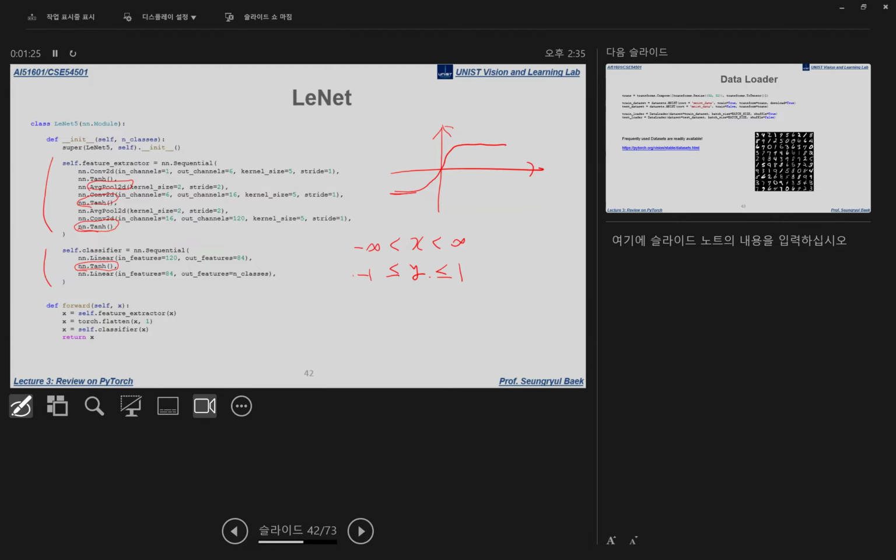And this is the hyperbolic tangent function. Similarly, the sigmoid function looks like this. Here is 0.5.